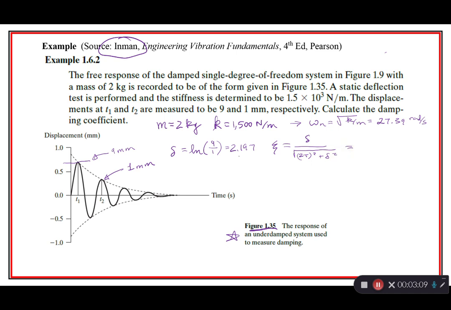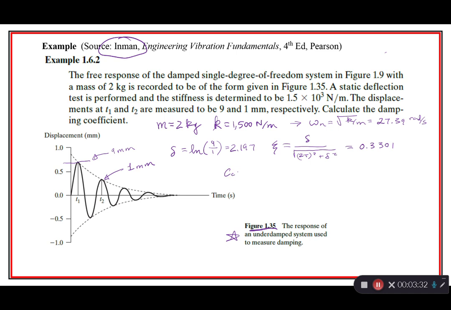Once again, I could stick that number in there, but you could get the number too. And you get 0.3301, which is actually really close to what another example previously was. That's kind of weird. I'm jumping around here because I could have done this other thing. Okay, so I have the damping factor.